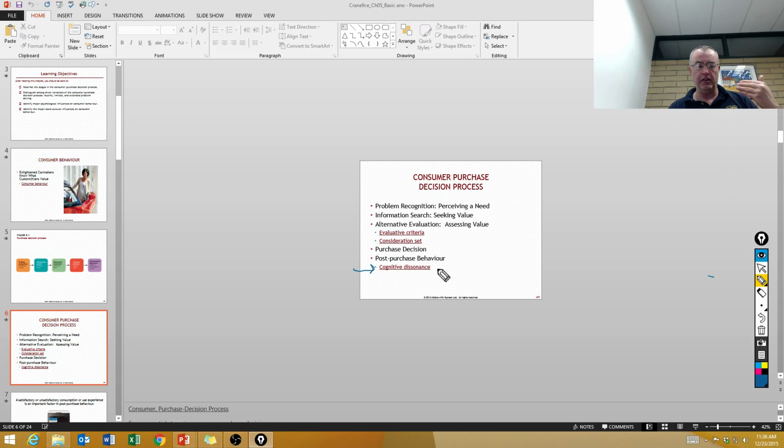Sometimes, you buy a pair of clothing and then you get home and you say, geez, it fits, but I'm not so sure about the color or the design on it, or maybe I paid too much. So having second thoughts is known as cognitive dissonance. And marketers have any number of little tactics they use to try to enhance customer satisfaction and to reduce cognitive dissonance.